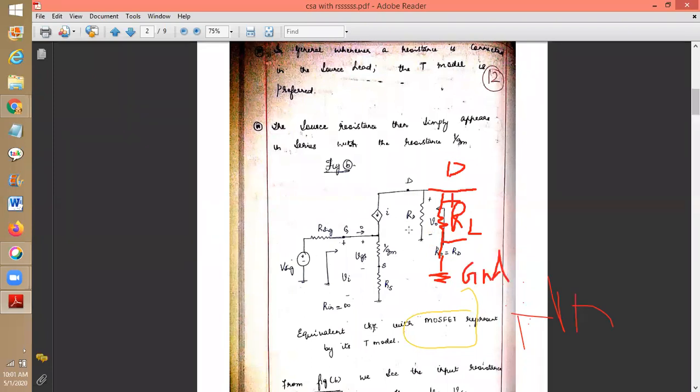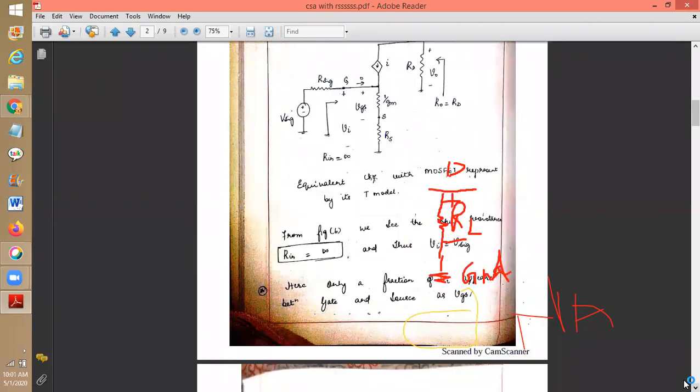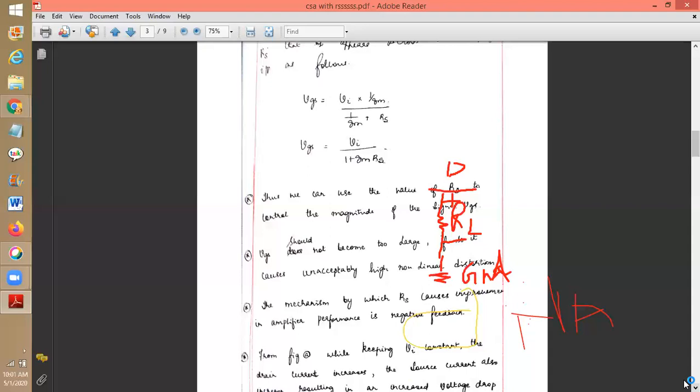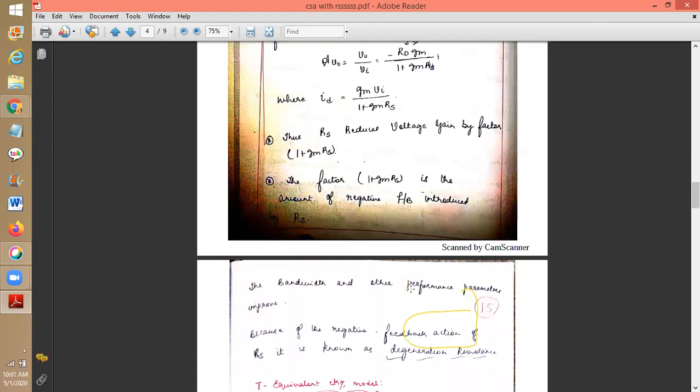Yes, ma'am. Okay, so RD is in parallel with RL. So to find the voltage gain AV, just write the open circuit voltage gain expression. For this expression, you just make RD parallel RL. So the equation becomes minus RD parallel RL into GM by 1 plus GM into RS.